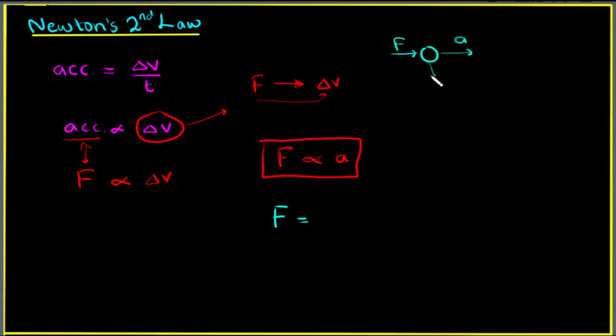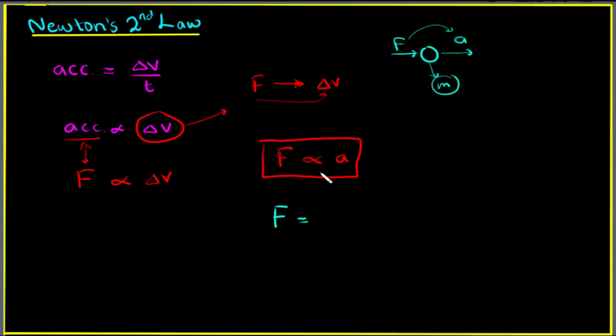In this case, we assume the mass of that thing needs to stay constant, because if we keep increasing or decreasing the mass of that thing, it is not going to cause the change in acceleration as we expect it to, right? So if, for example, this object starts to deteriorate and disintegrate, in that case, the acceleration is not going to be caused as we expect it to be. So force will always be proportional to acceleration if we assume the mass of that thing to stay constant, right?